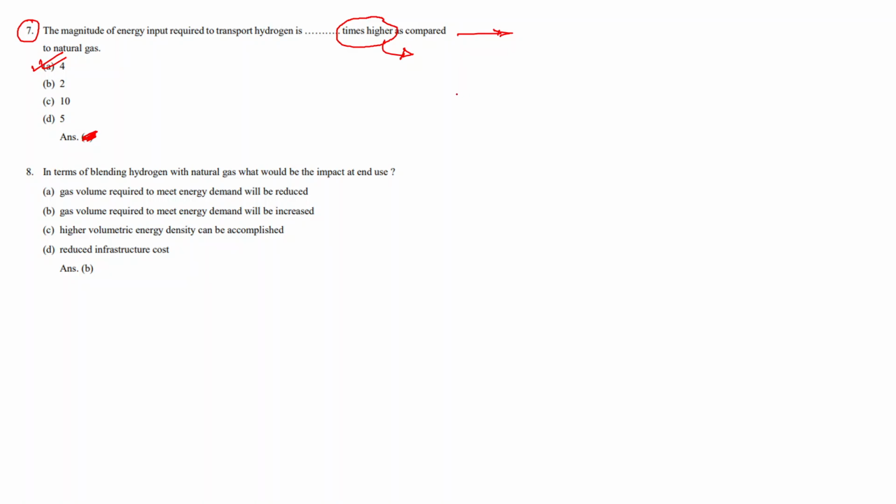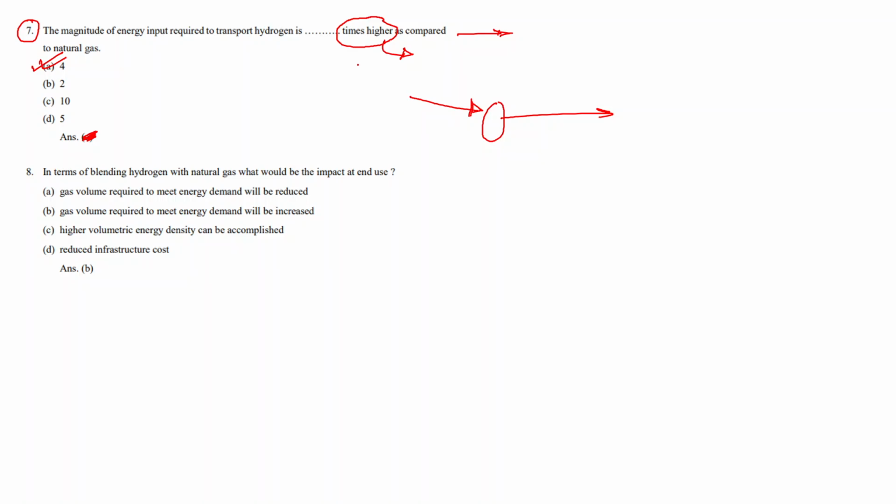The density of hydrogen is much lower than natural gas, so to transfer this very light gas from one place to another, you have to give more energy.